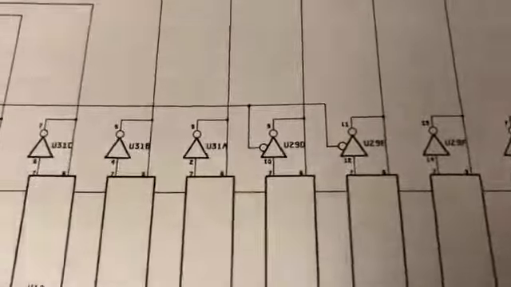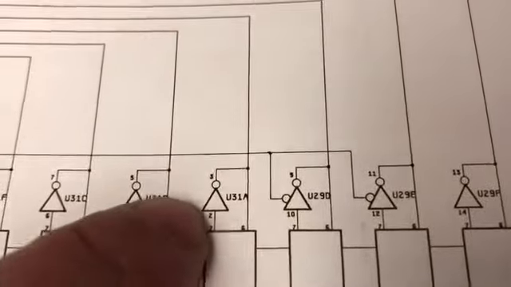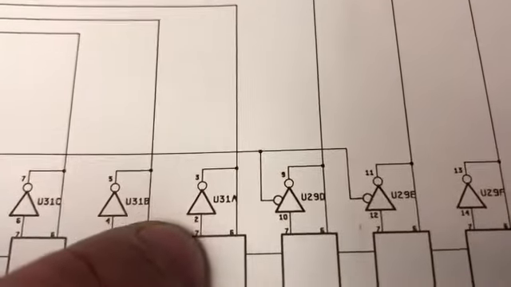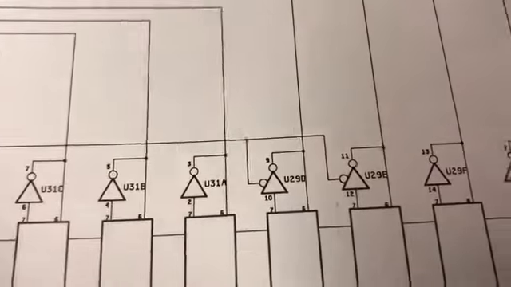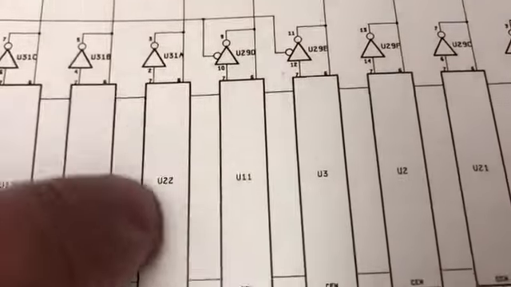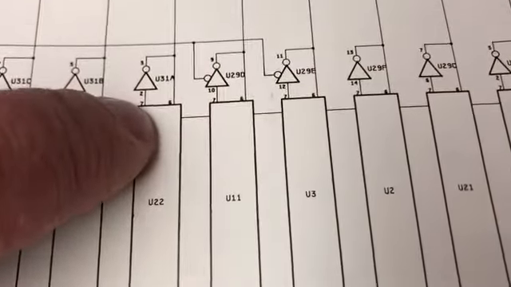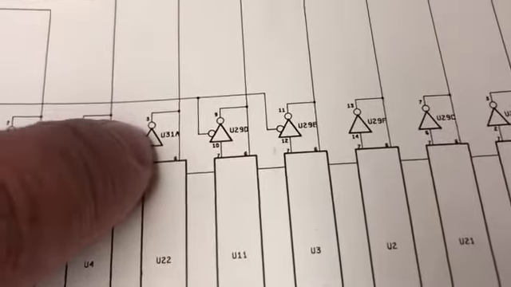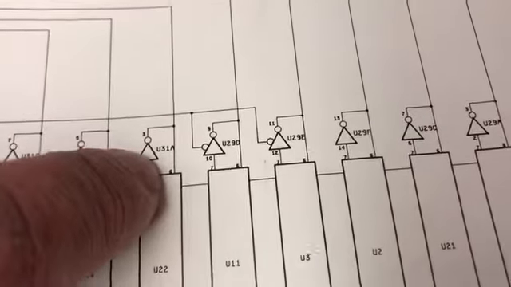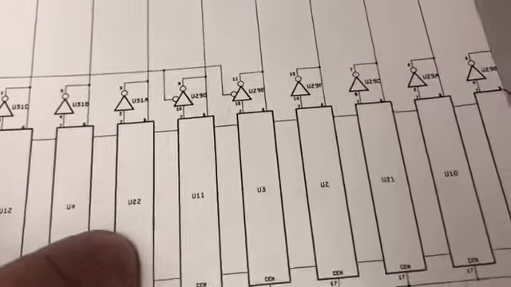So it seems that the point is, let me grab the schematic. It's U31A, pin number 2, the direct output of U22. So it seems that U31 is loading the IC.